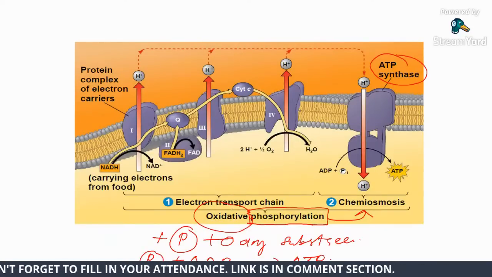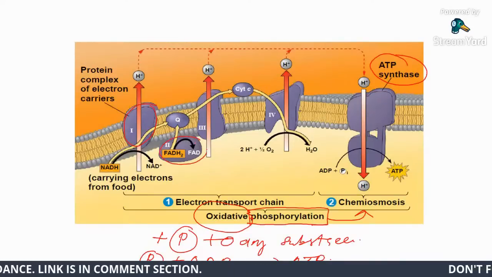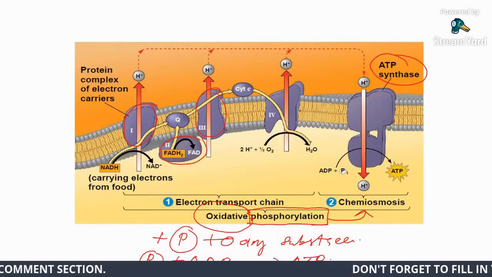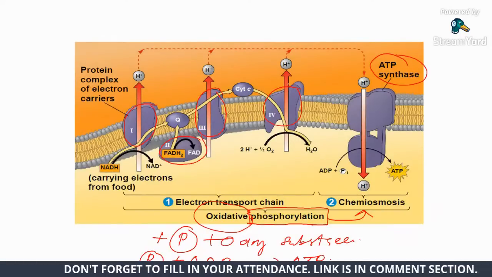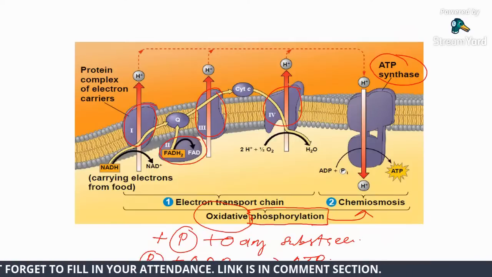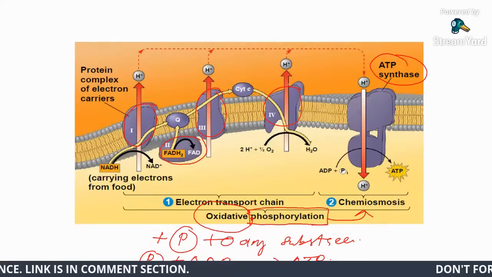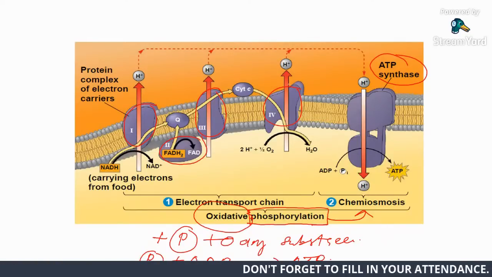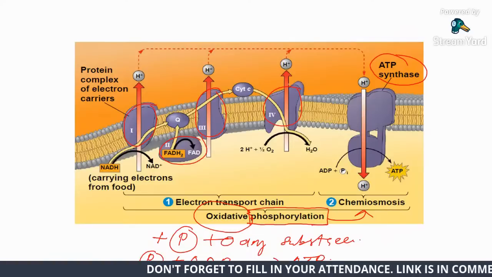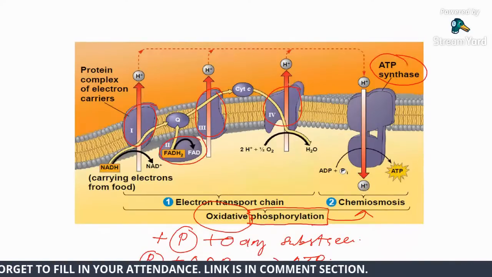This redox reaction occurs at the protein complexes. We have many protein complexes and they receive electrons and donate the electrons alternately. One receives and then donates, and then another receives and donates again. So the redox reaction continuously occurs. So we call this process oxidative phosphorylation. Eventually, finally, we will produce ATP.